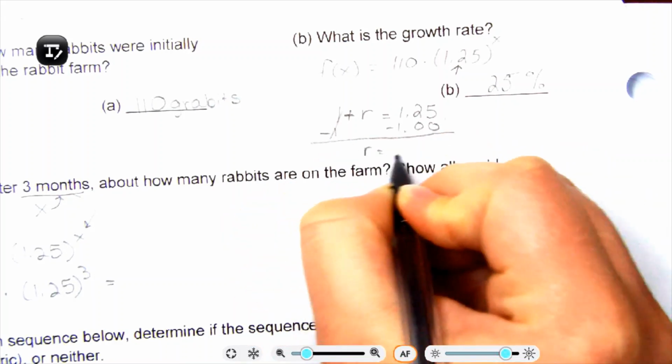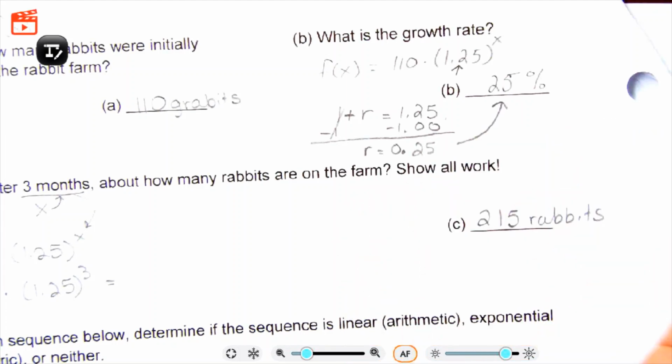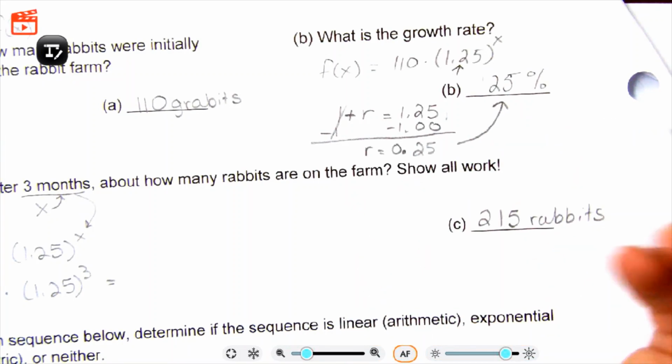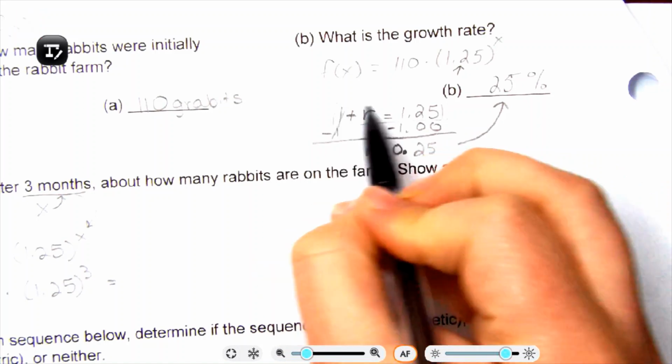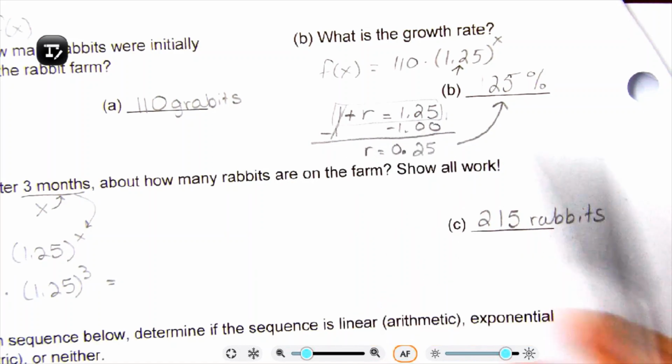So r is 0.25 or 25%, okay? Just set up your equation and then solve for your growth rate. If you have something that's 1 point something, it's easier to find the growth rate without the formula, but if you don't know it off the top of your head, then use the formula. All right, let's move on to number 7.